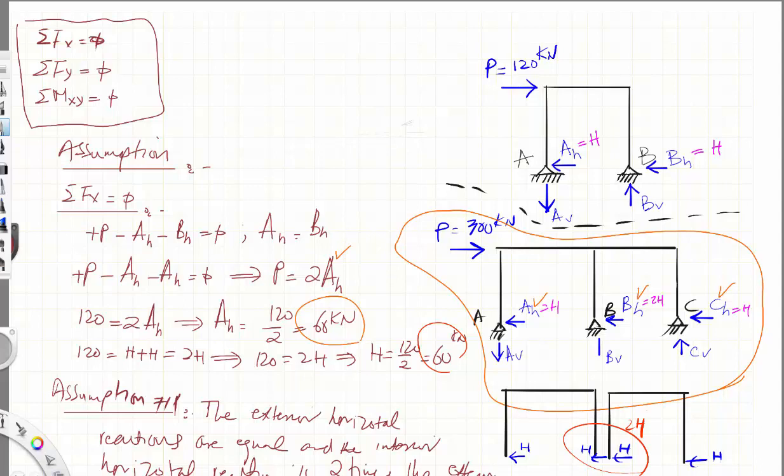That will be the first assumption. So the assumption is that the exterior horizontal reactions are equal and the interior is 2 times the exterior.